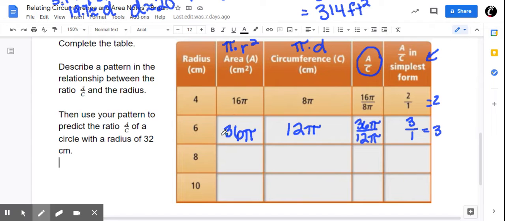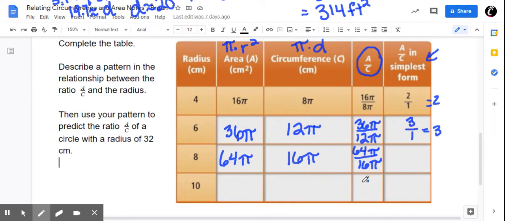For a radius of 8, I'm again going to do pi times radius squared, and 8 squared is 64. So I have 64 pi for area. If my radius is 8, 2 times that is 16. So 16 pi is my circumference. Again, I'm going to write this as a ratio, 64 pi over 16 pi.